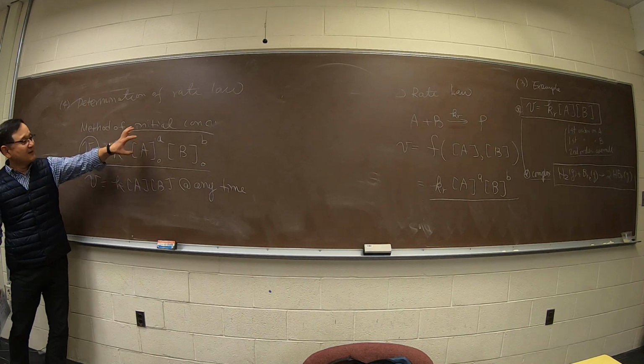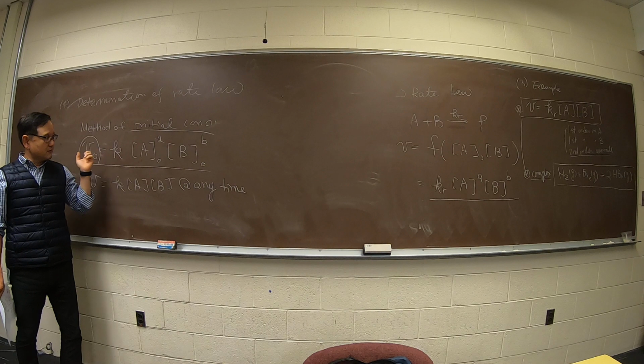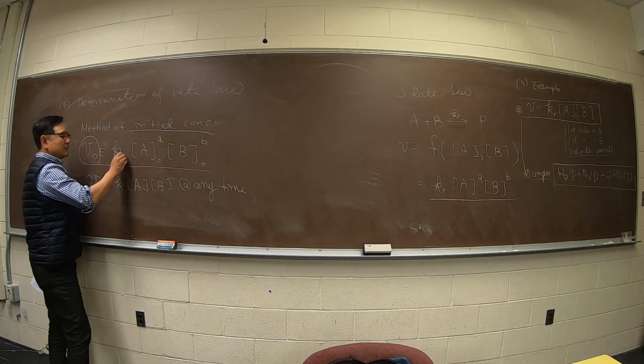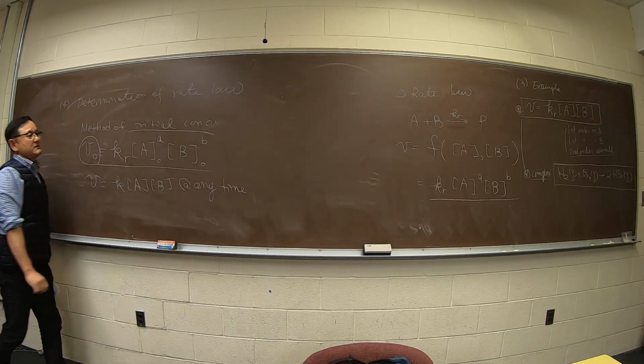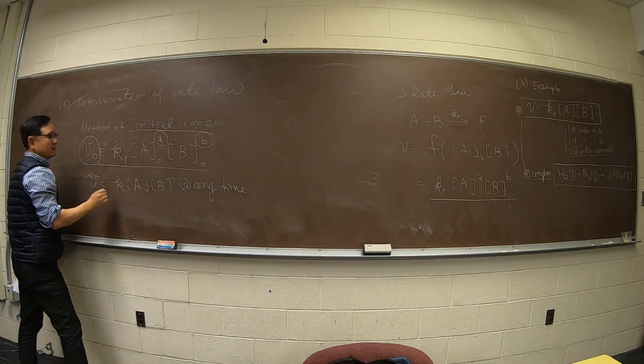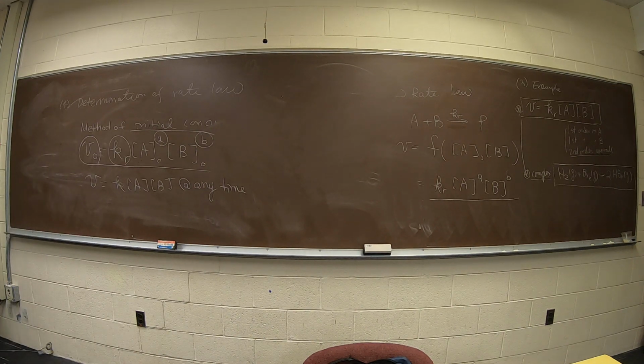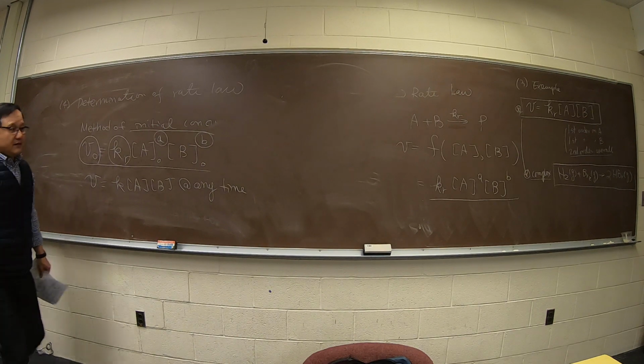You measure this, then you change the condition and keep on measuring. Therefore you can make a measurement of the rate law powers and the rate constant. And that's what I'm looking at.